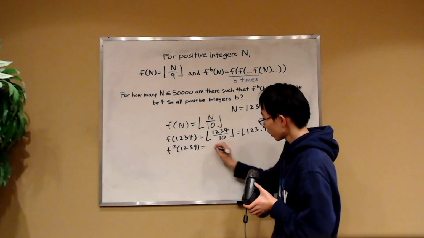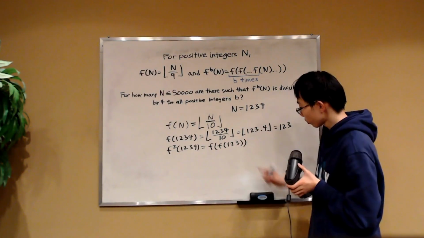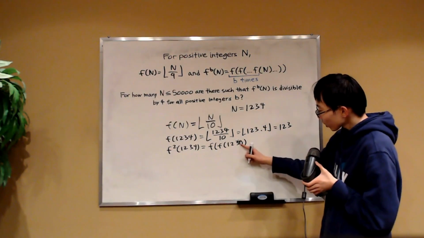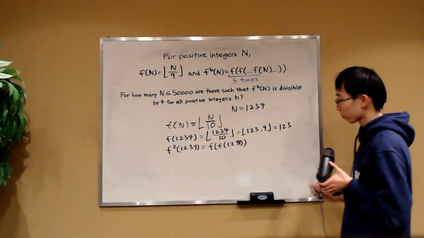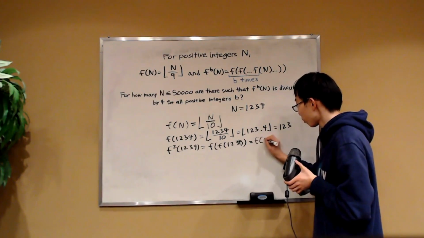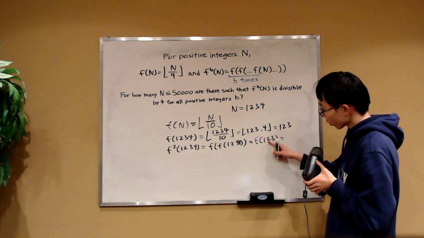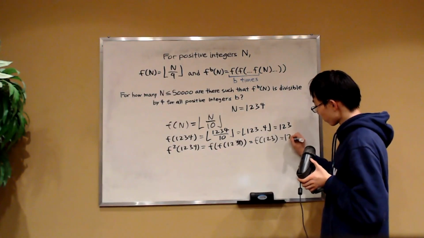Now, what about something like f to the 2 of 1234? Well, this is equal to f of f of 1234, and f of 1234 itself is equal to 123. We just calculated that. So this is equal to f of 123, and 123 divided by 10 is 12.3. Floor function, that's 12.